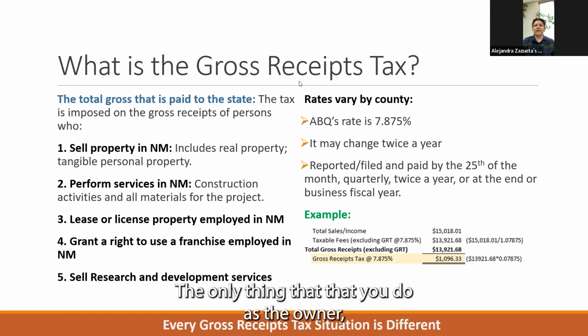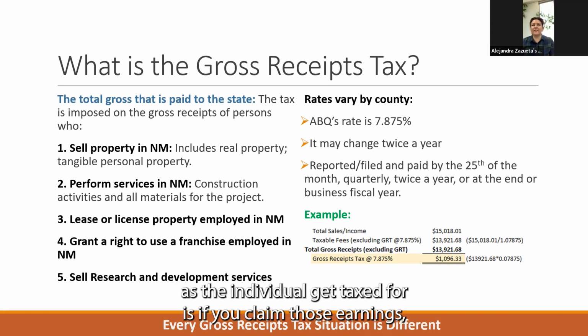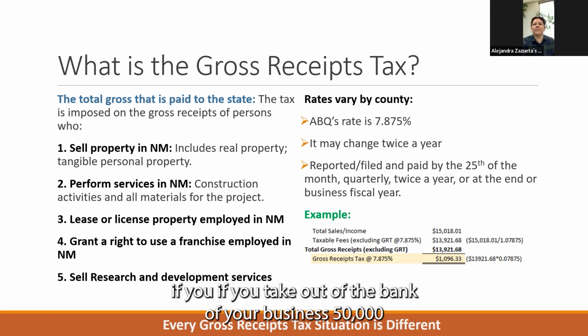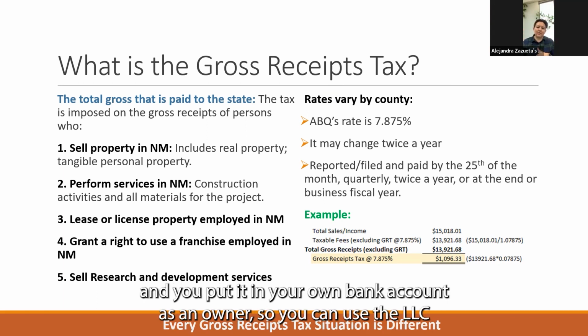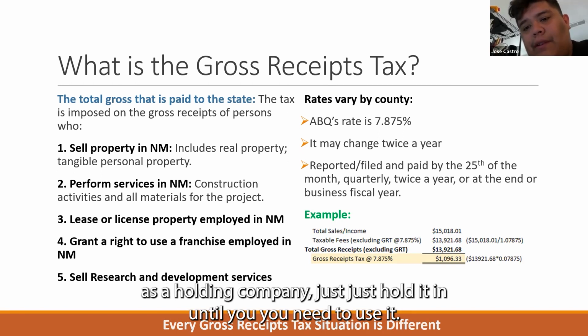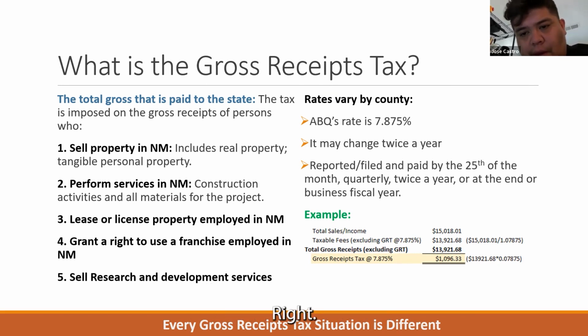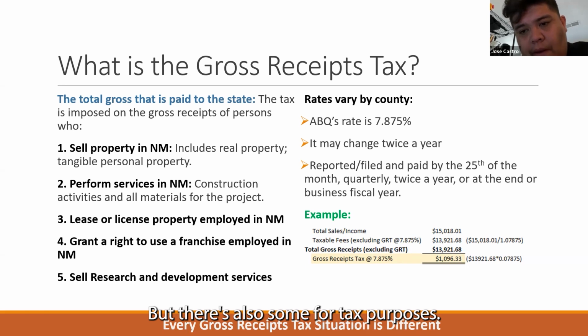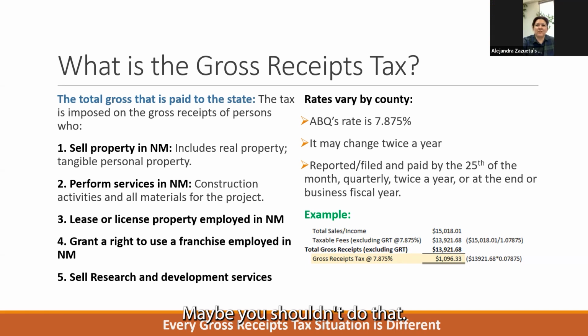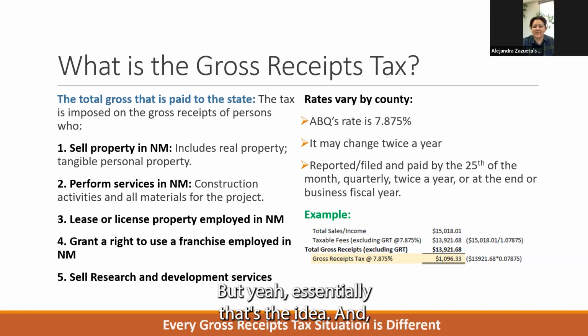The only thing that you as the individual get taxed for is if you claim those earnings. If you take 50,000 out of the bank of your business and put it in your own bank account, you can use the LLC as a holding company, just hold it in until you need it. You can do it like that, but for tax purposes, maybe you shouldn't. You should take it out. But essentially that's the idea.